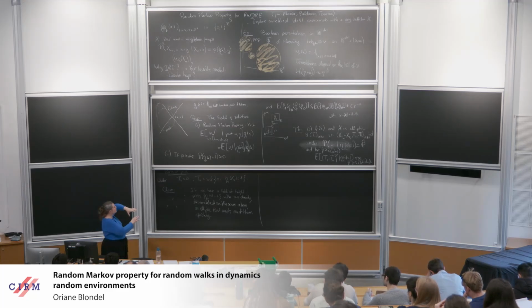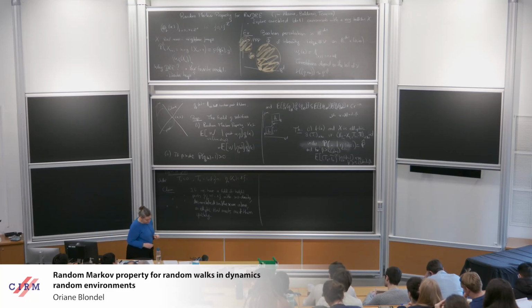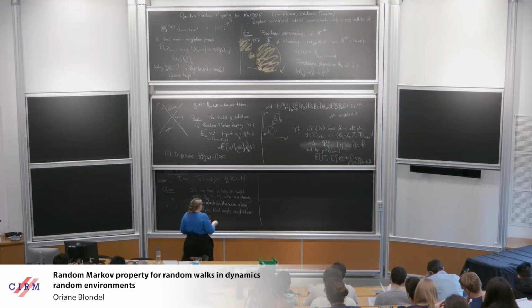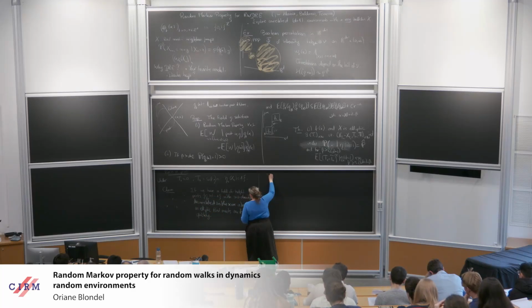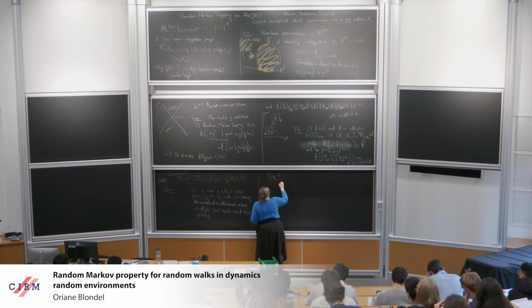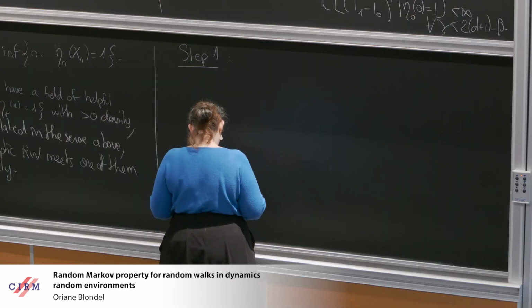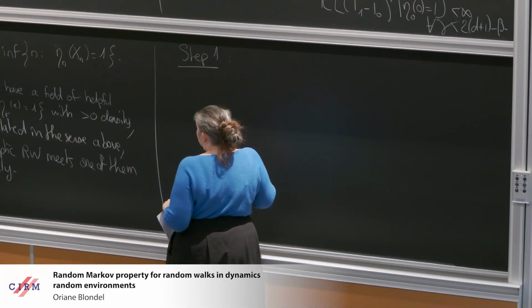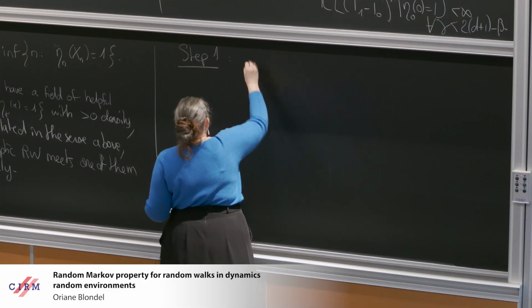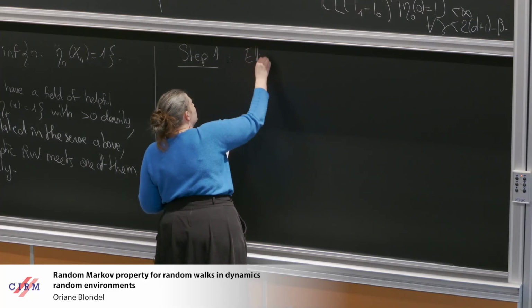You reduce the problem to finding good spots in omega, and then the random walk is going to take care of itself. So the first step in this proof: where does the ellipticity help you? It helps you to increase the density.